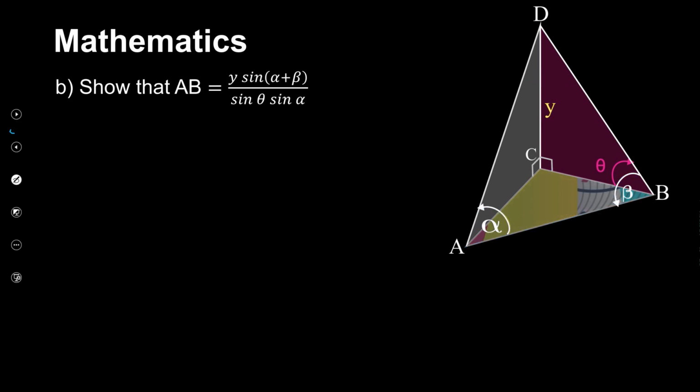So again, let's recall we were trying to find AB. But if you look in this diagram, we don't have the angle across from AB, which is ADB. But it's easy enough to find because we have alpha and we have beta in the same diagram.